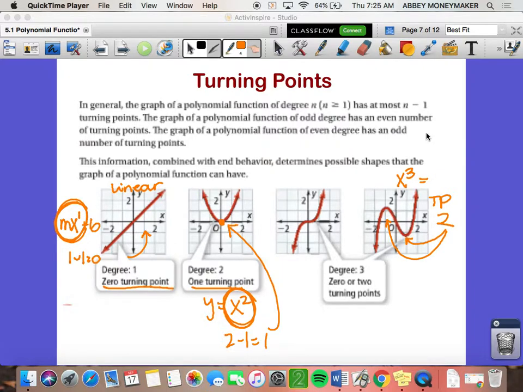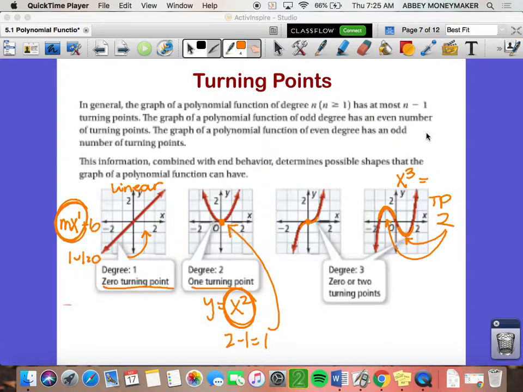However, sometimes with cubics, they do not have a distinction between the concavity. What do I mean by the concavity? Between this actual turning point and this actual turning point, you'll notice here that there's no direct shift in the turning points. So that's an example of sometimes where it would be 0.